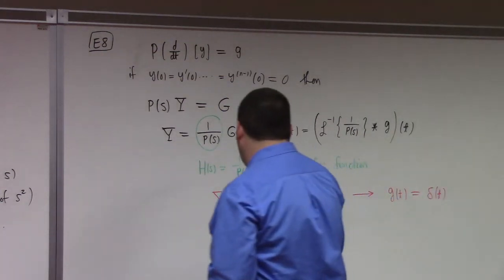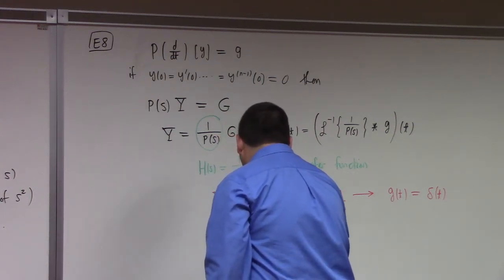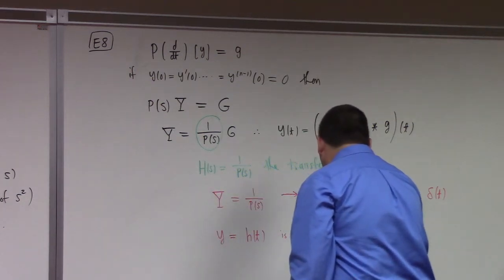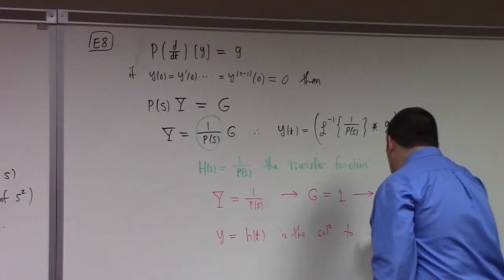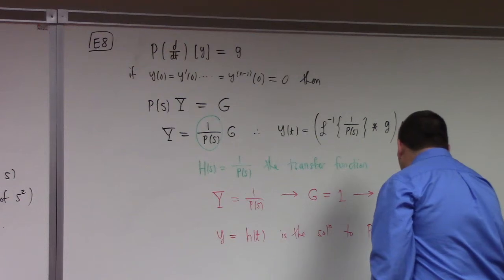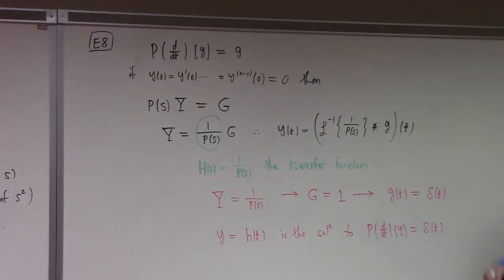So y equal to h of t is the solution to P of d/dt acting on y equal to delta function of t, where again all the initial data is 0.